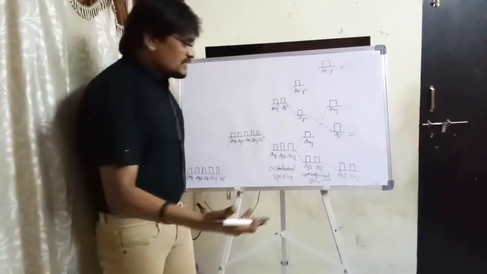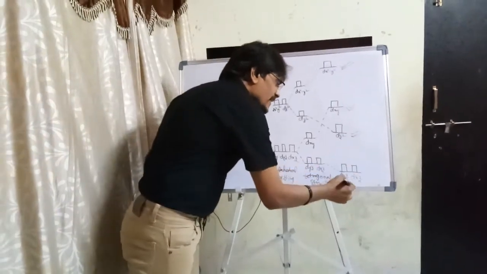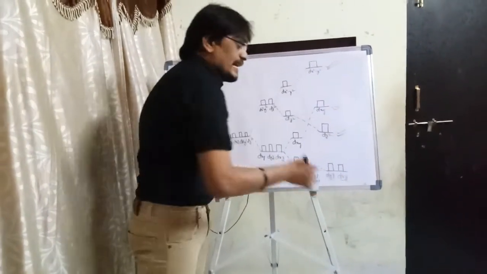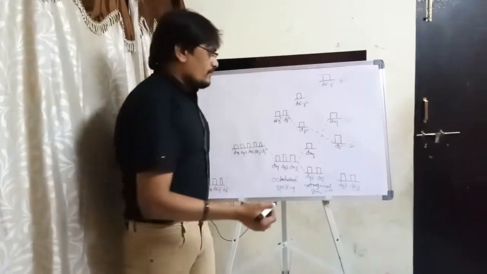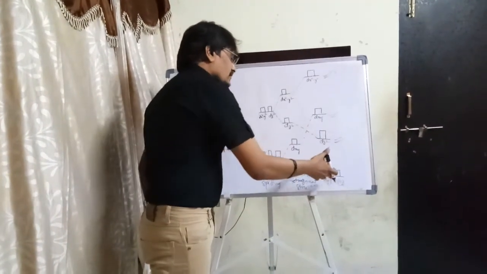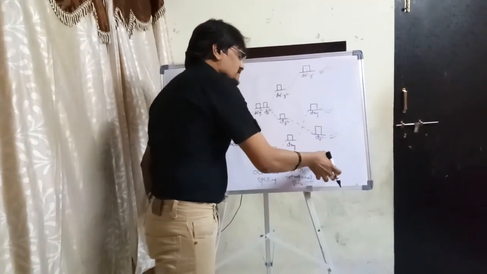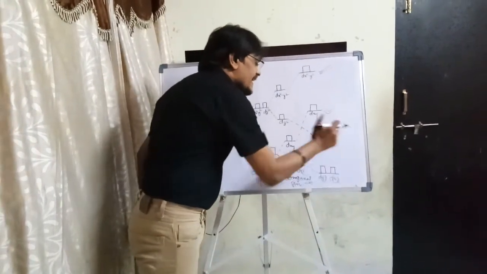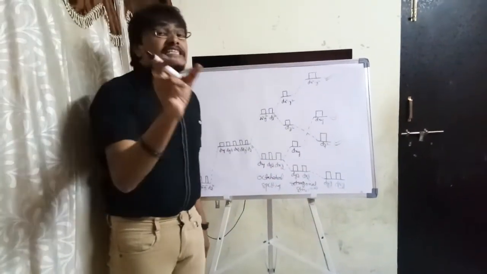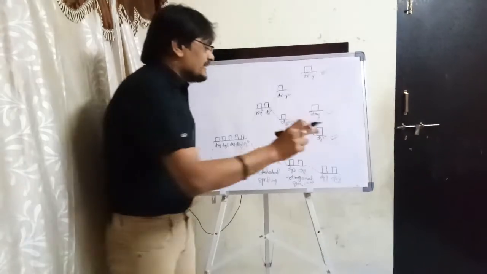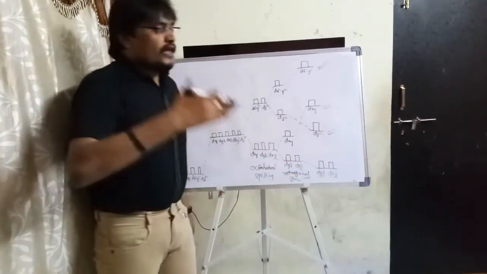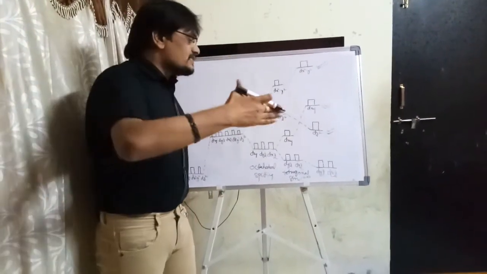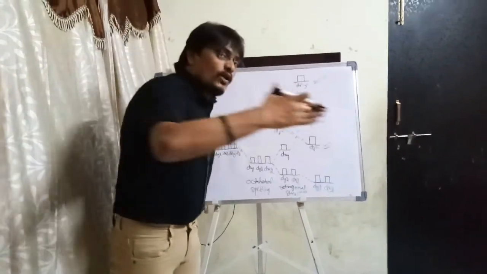Now coming to the last, in the case of dyz, y is there, and in the case of dxz, x is there. The last orbitals which occupy their level are dyz and dxz, and both are degenerate d orbitals, because in the case of dyz, the approach of the ligand is along the y-axis, and in the case of dxz, the approach of the ligand is along the x-axis.